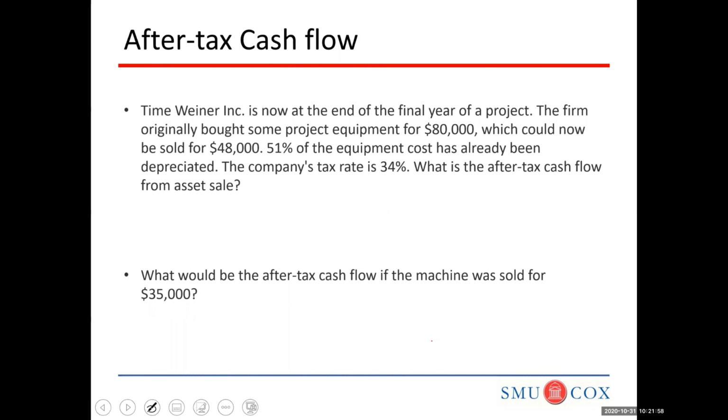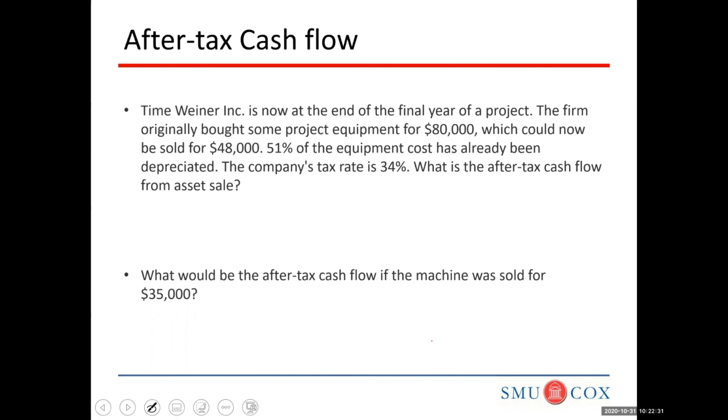And what we'll assume here is that if we sell for less than the book value, we have capital loss, but we also would assume that we can use that capital loss in other parts of the business. Basically, if you're a large company, you buy and sell assets, so if we have losses, we can offset gains by those losses. So basically, we'll assume that we get credit if we sell at a loss. So that's kind of what this problem is about.